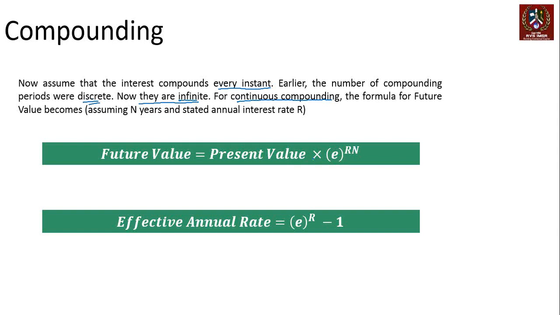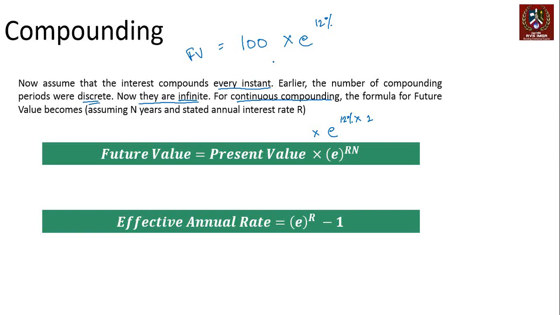In this case, we give the future value as present value into e raised to the power of the rate, the stated annual interest rate 12%, multiplied by the number of years. So continuous compounding will be 100 into e raised to the power 12%. And that will tell you the future value after 1 year.